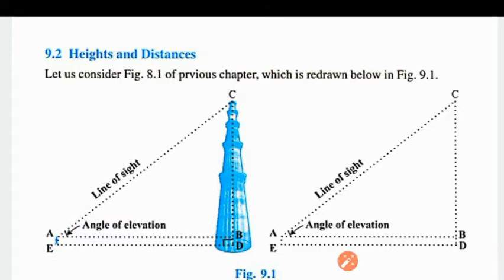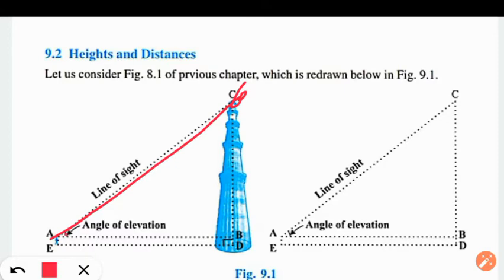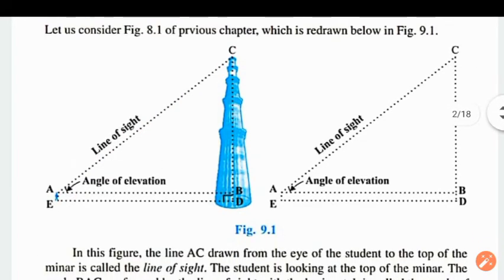From point A, from your eyes, you are watching the top of the monument, point C. This line from point A, from the eyes of the observer, to the top of the monument, point C, is known as the line of sight.